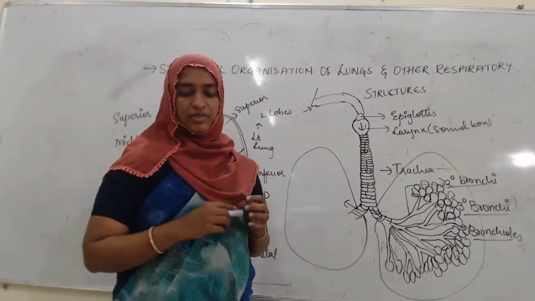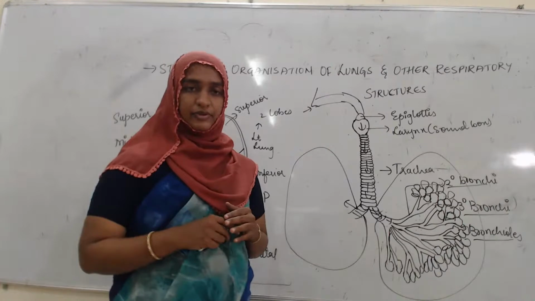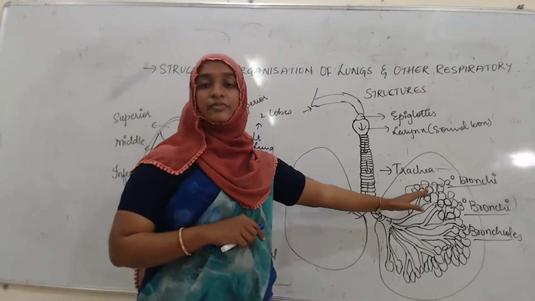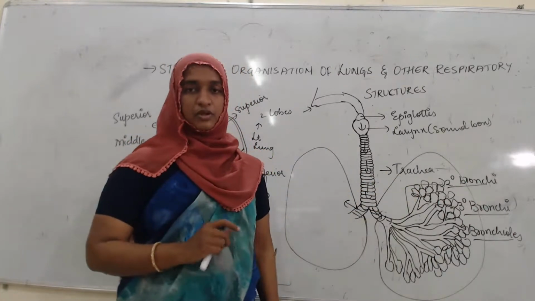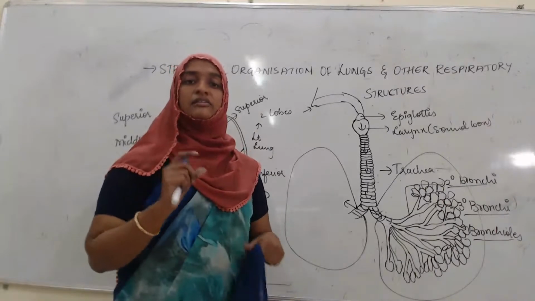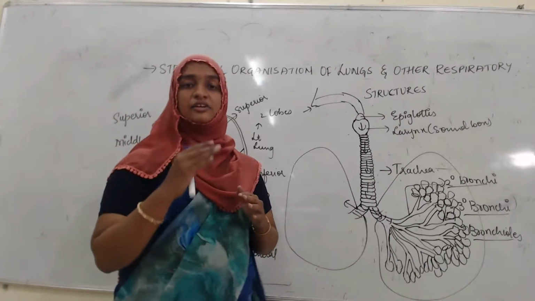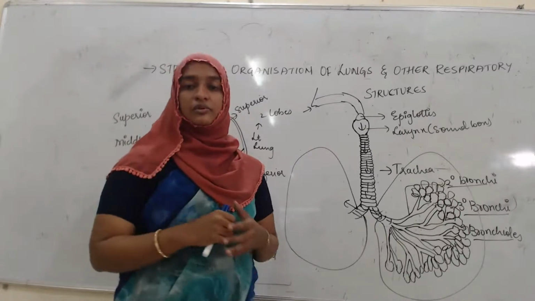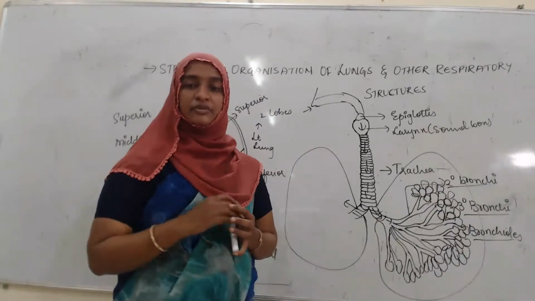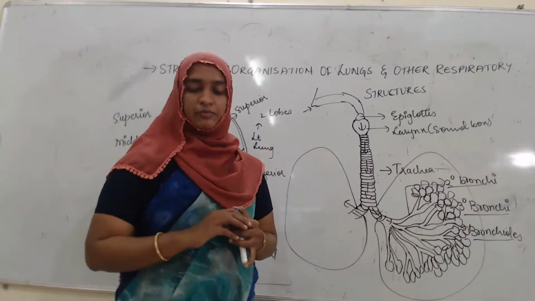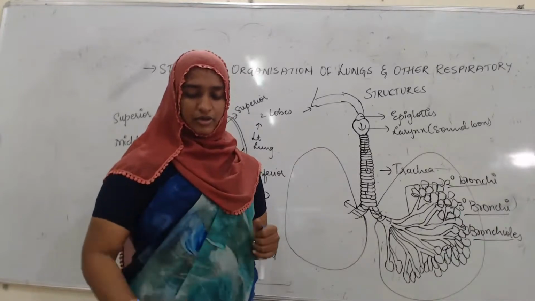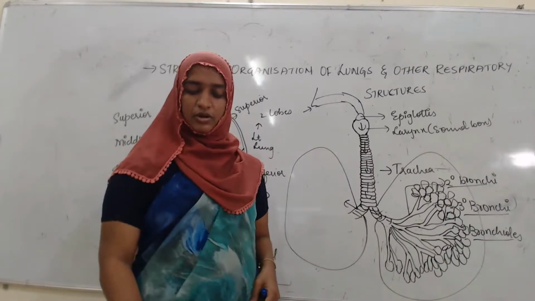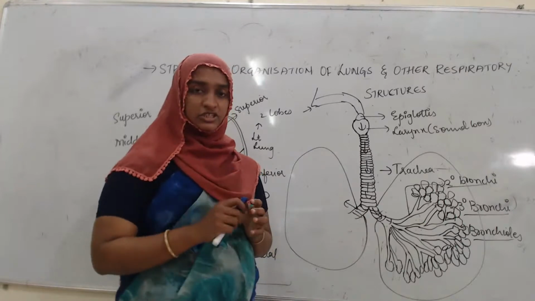We can call it the conducting zone. Alveoli is the respiratory zone. Only alveoli is the respiratory zone, and the other tubular parts which are transporting the air to the alveoli we call the conducting zone.